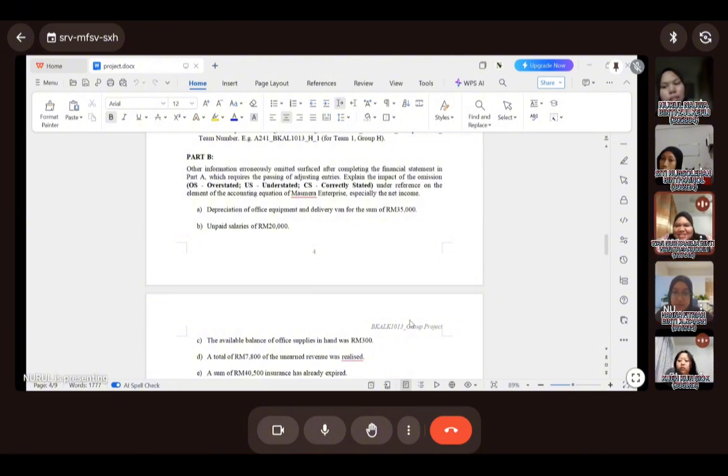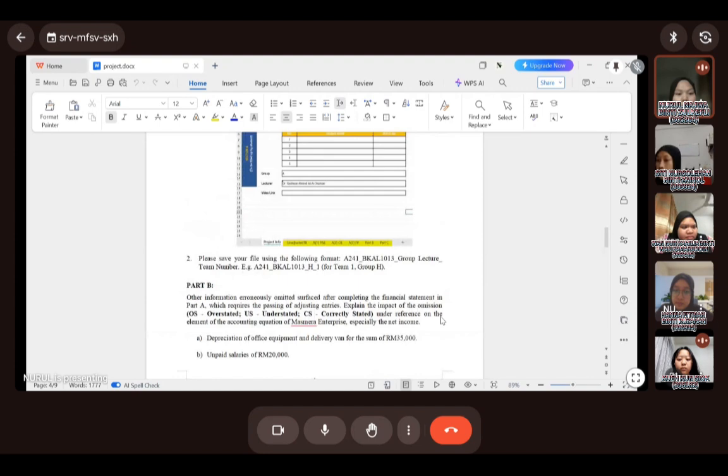Great discussion today, everyone. Let's assign tasks for each section before our next meeting so we can keep this project moving forward efficiently. Sounds good. I think I will take the lead on the statement of profit or loss since I've been doing that.